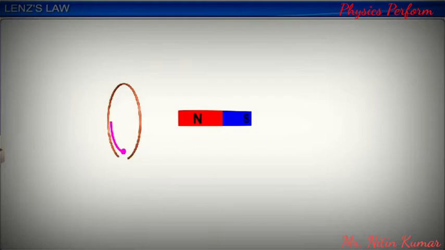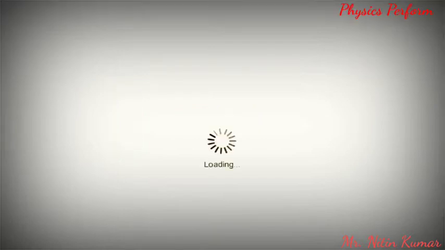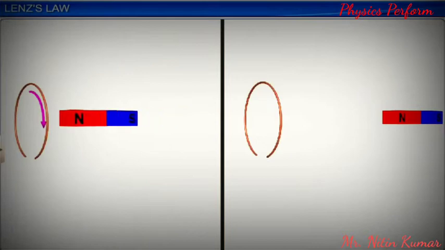A gentle push on the magnet will start the process of motion, and its velocity and kinetic energy will continuously increase without expending any energy. If this is true, we can construct a perpetual motion machine with a suitable arrangement. This violates the law of conservation of energy and hence cannot happen. So, we can conclude that Lenz's law is correct.